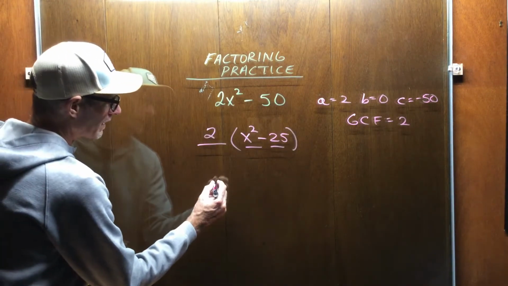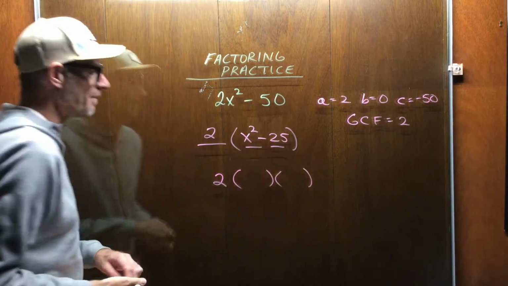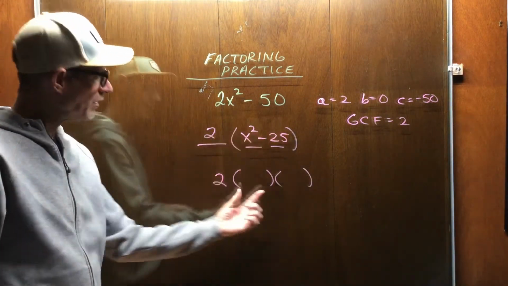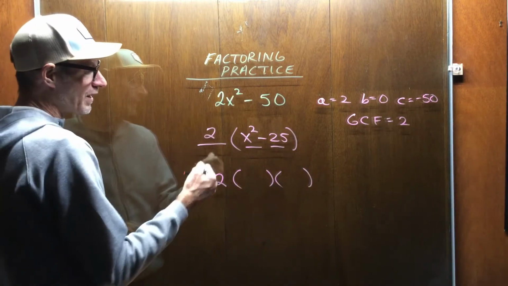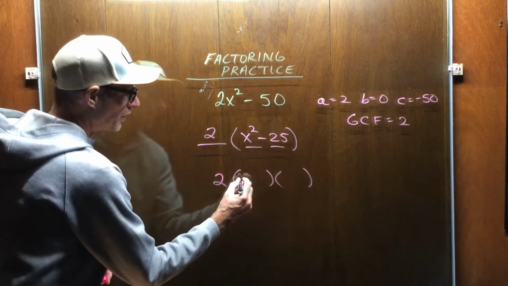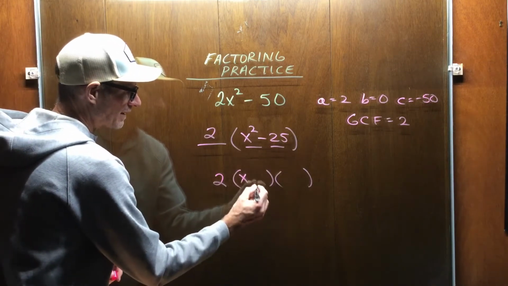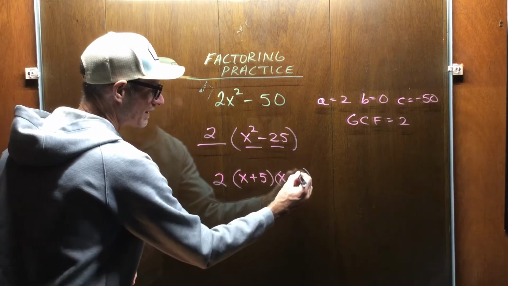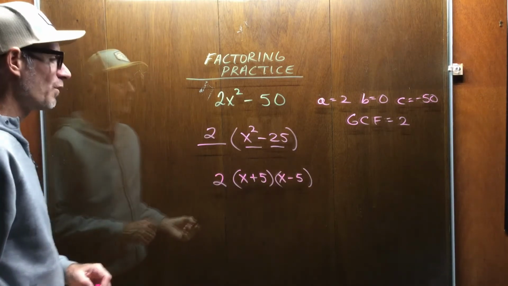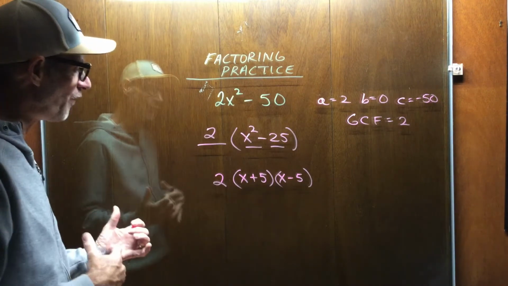So my problem is going to look like this. I'll have 2, and then we're going to break up this difference of 2 squares into 2 binomial factors. And it's a difference of 2 squares, so we'll have a sum and difference pattern, x plus 5 and x minus 5. And if we want to check and make sure that we have this right, we can check it by foiling.